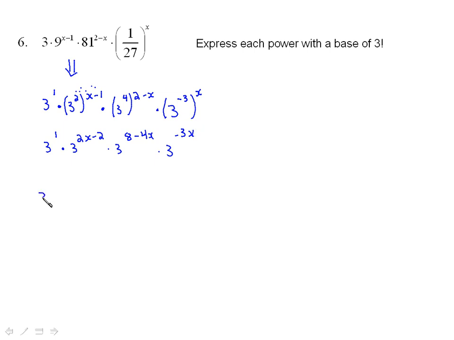And because we're multiplying these powers together, we can now add everybody. 1 plus 2x minus 2 plus 8 minus 4x plus negative 3x. If you get all the like terms together, 2x minus 4x minus 3x will give you minus 5x.